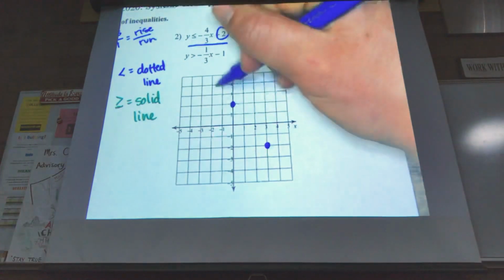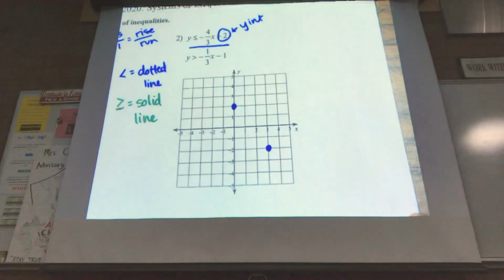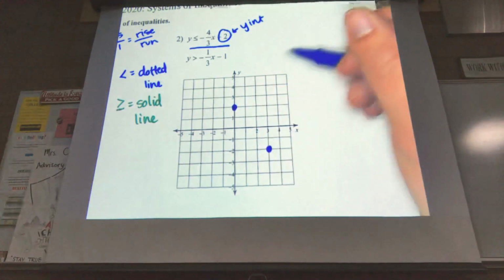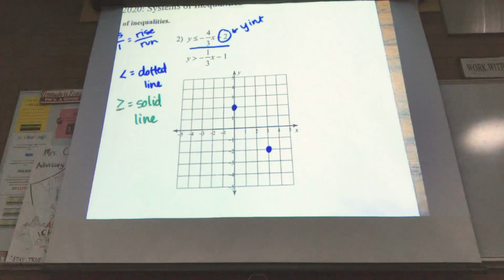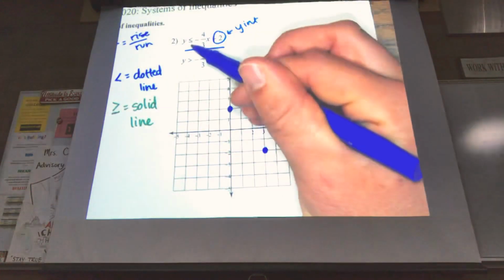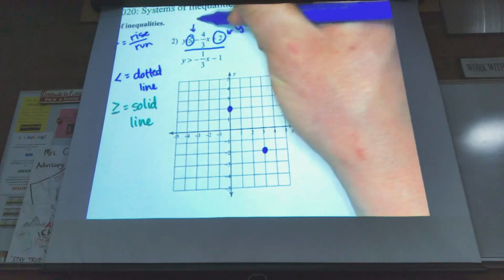We notice that our line is going down, our slope was negative, so that correlates perfectly. If your line would be going up and you had a negative slope, you might want to check your work. Now we need to see, do I connect these two with a solid or dotted line? I look at my sign, that tells me solid.